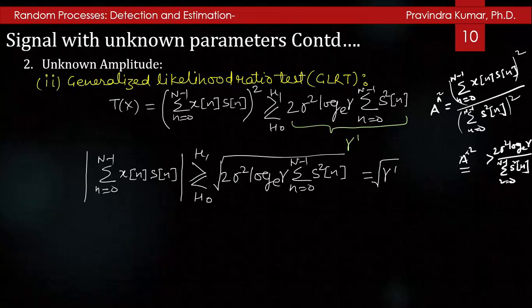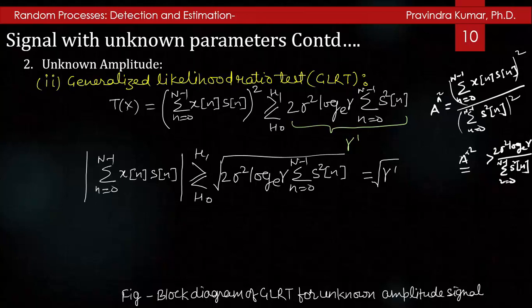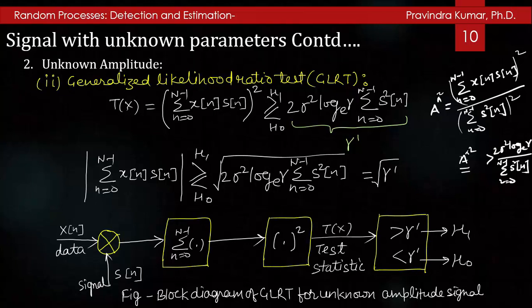And the block diagram of the GLRT for unknown amplitude is this. First of all you have to find the combination of x[n] and s[n], then you get the summation of s[n] x[n] from n=0 to N-1, and after taking the whole square of this summation you get this test statistic.